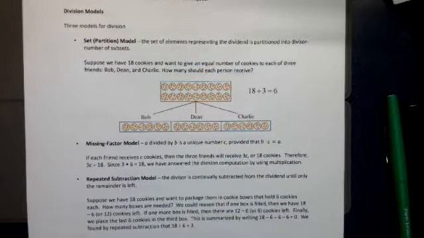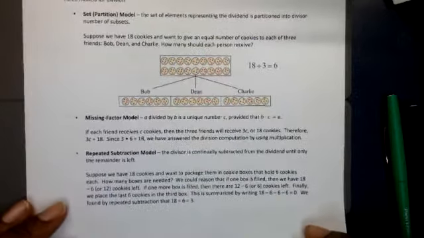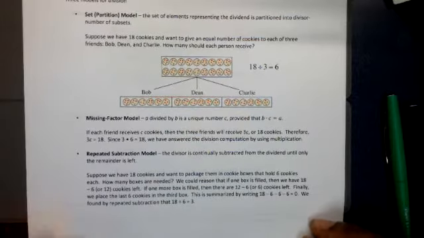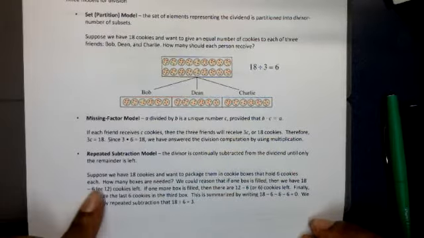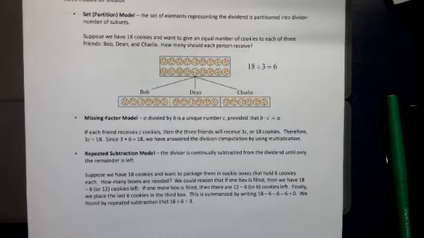And then the repeated subtraction model is where the divisor is continually subtracted from the dividend until only the remainder is left. Suppose we have 18 cookies and want to package them in cookie boxes that hold 6 cookies each. How many boxes are needed?